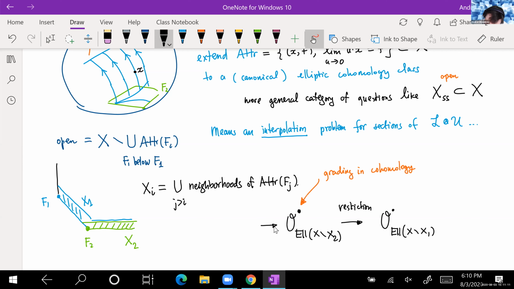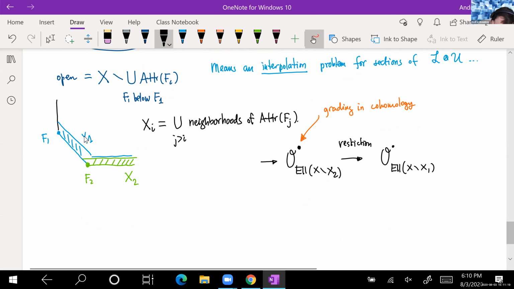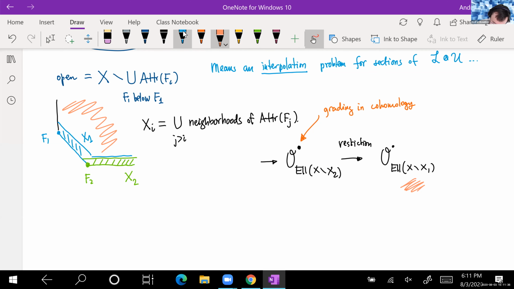And then the kernel. I'm saying take everything but the green and restrict it to the blue, and this restricts that.